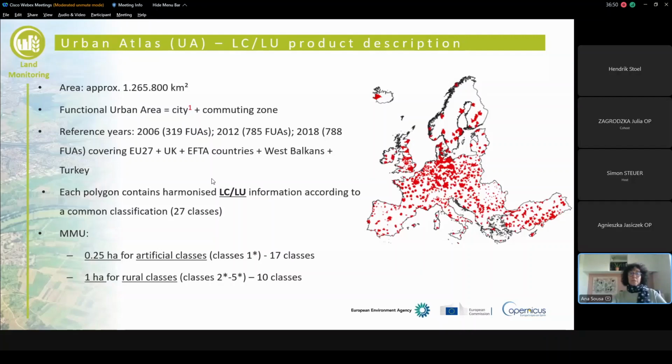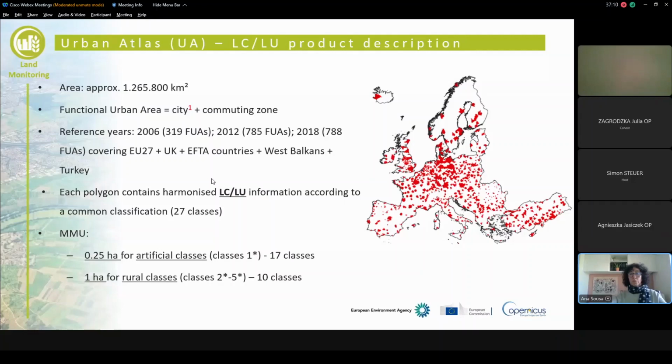Each polygon of this dataset contains what we call harmonized land cover land use information. And it's harmonized because it applies the classification with 27 classes. There are different minimum mapping units. We have 1/4 of an hectare for the artificial classes and 1 hectare for the rural classes.